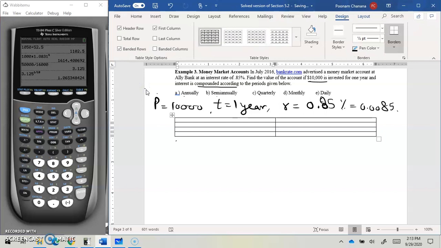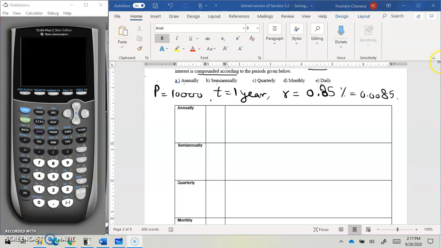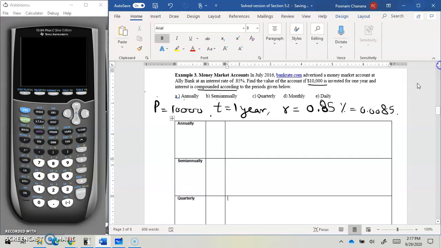For annually, what we need to remember is that n value is 1, n is the compounding periods.